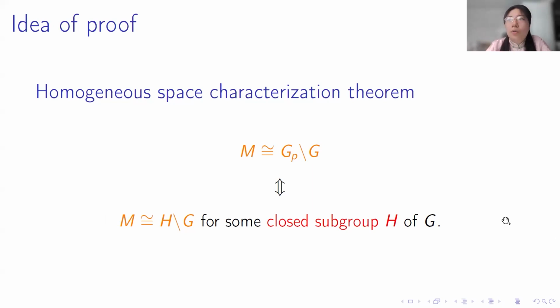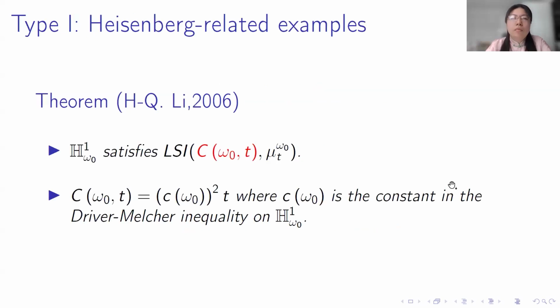So next, I'm going to provide two types of examples. They are mostly built on the three-dimensional Heisenberg group and SU(2), because they are the two cases where the log-Sobolev inequality is known in the sub-Riemannian setting. The first type of examples is built upon the three-dimensional isotropic Heisenberg group, where the log-Sobolev inequality is already known, proved by H.-Q.